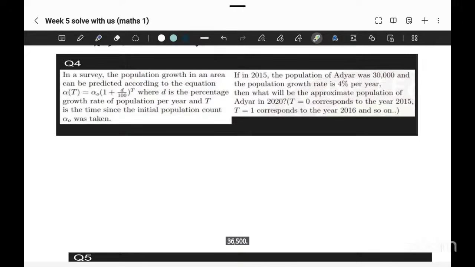$36,500. 36,500. Okay. What about others?